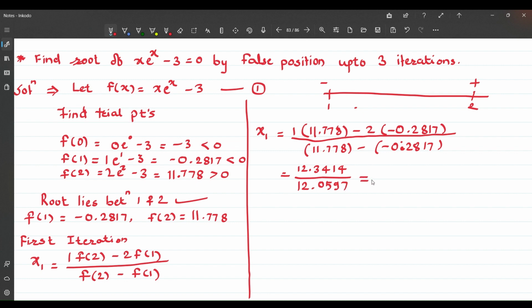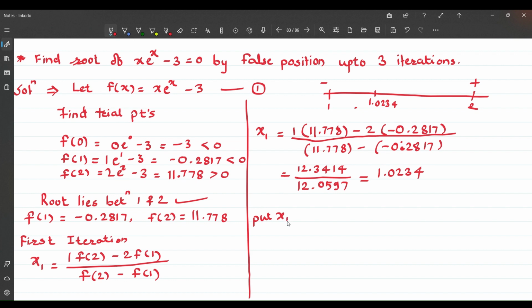So on division, the answer is 1.0234. So our answer for x1 is 1.0234. I will write it here.